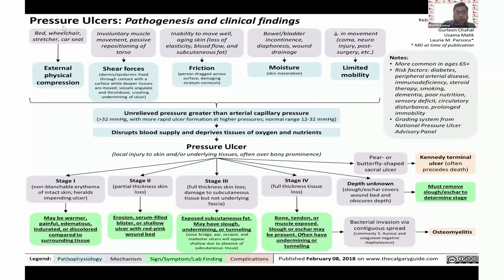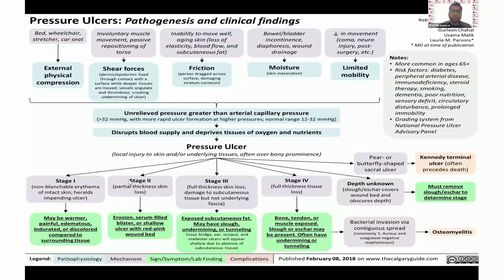So this is a small pathogenesis, but important to know because it will affect our treatment part. Disrupting the blood supply, depriving the tissue of oxygen and nutrients, is also added to the pathogenesis, leading to the pressure ulcer.